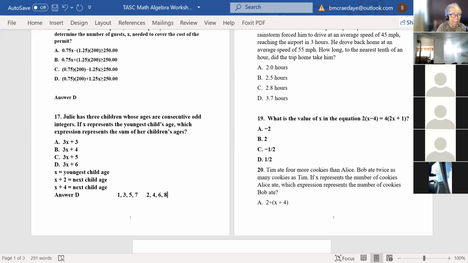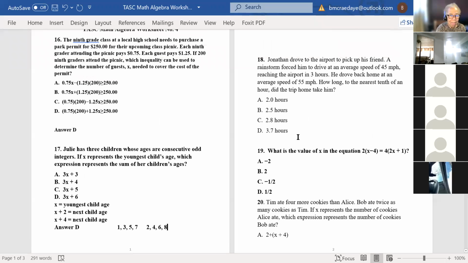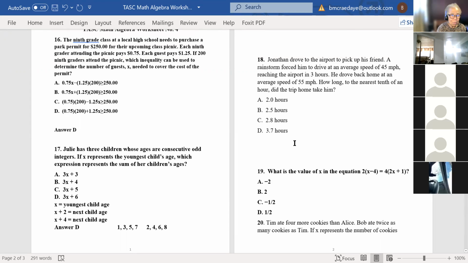Yes, Miss Barbara. Okay, now let's look at number 18. Now, someone tell me the distance rate formula. What is distance equal to? 55 miles per hour. No. Don't give me numbers.